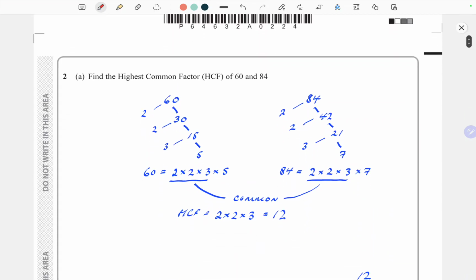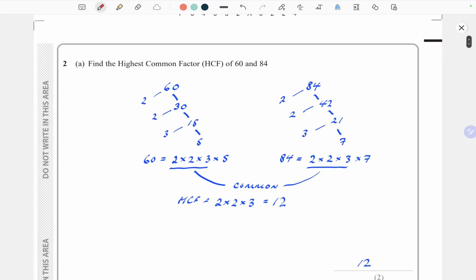Right, running on. This is similar to the last paper 2 that I covered. In fact, it's got exactly the same numbers. So again, a factor tree, and you get your 60 in prime factors, so 2 times 2 times 3 times 5, and 84 is 2 times 2 times 3 times 7.